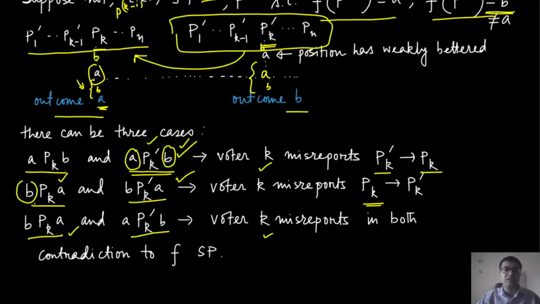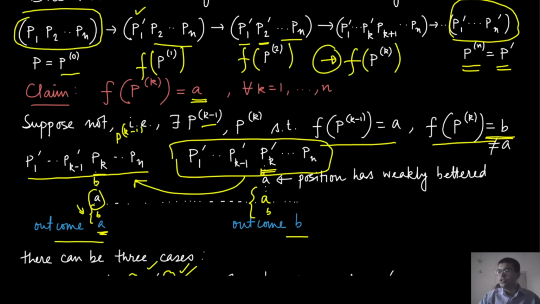It is player K's best response to misreport in both these preference profiles. So under all these conditions, it is a contradiction to the strategy proofness of the social choice function F. So what we have assumed is not correct. So of course there cannot be any such cases where the transition changes the outcome.